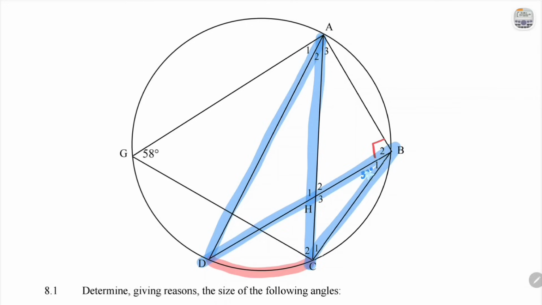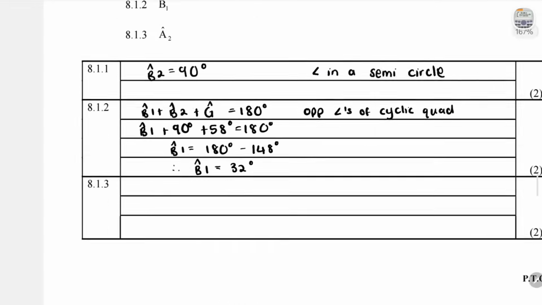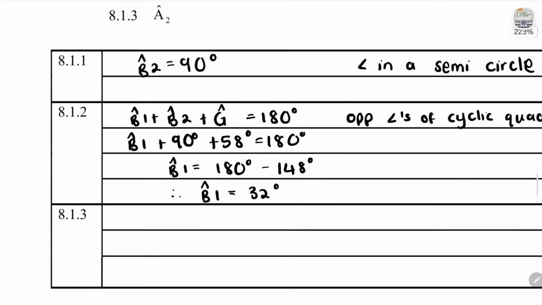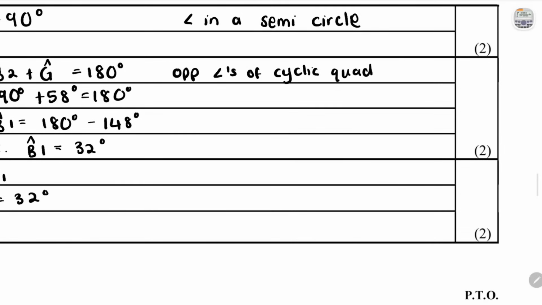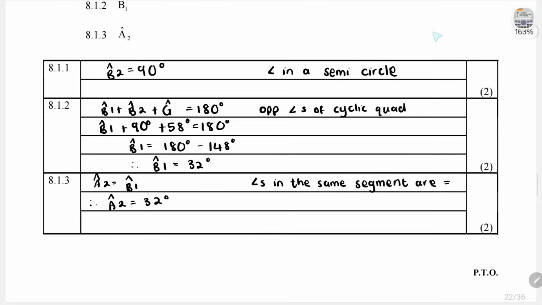So this means that angle A2 is equal to angle B1. So that's 32 degrees as well, because angles in the same segment are equal. So we just tell them that angle A2 is equal to angle B1, and that is equal to 32 degrees. Therefore, angle A2 is equal to 32 degrees, and this is because angles in the same segment are equal. And that is our answer.